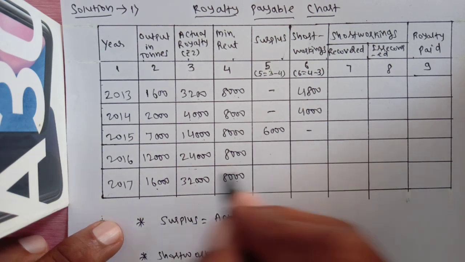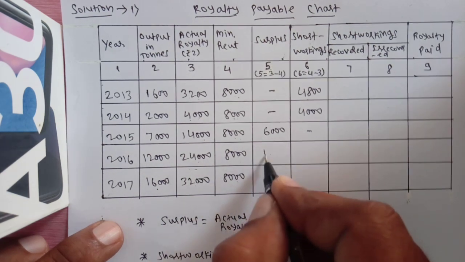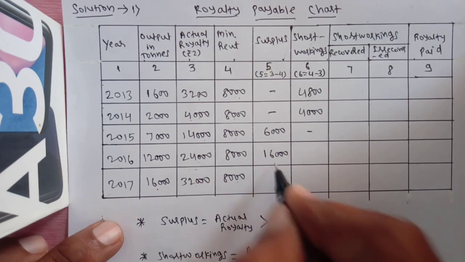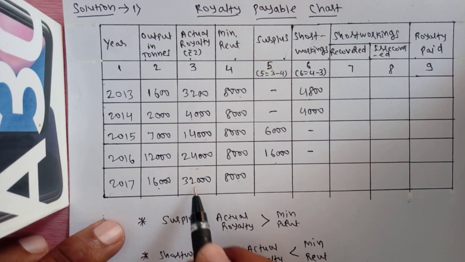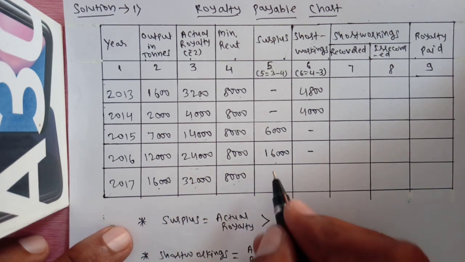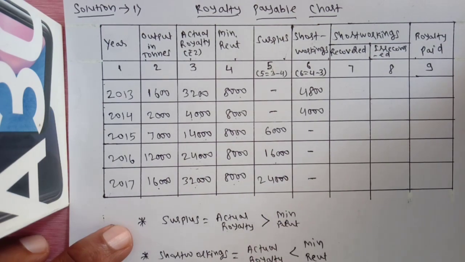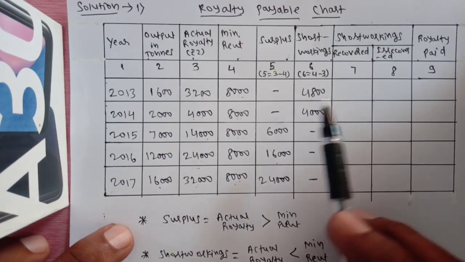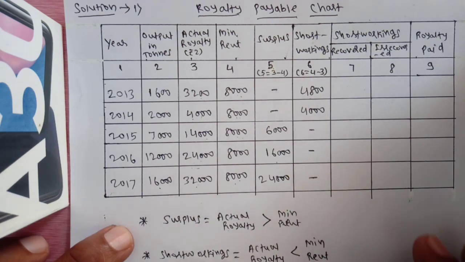How much surplus? 24,000 minus 8,000, so it is 16,000. No short workings. So 32,000 minus 8,000, it is 24,000. In this way, surplus and short workings are recorded over here.